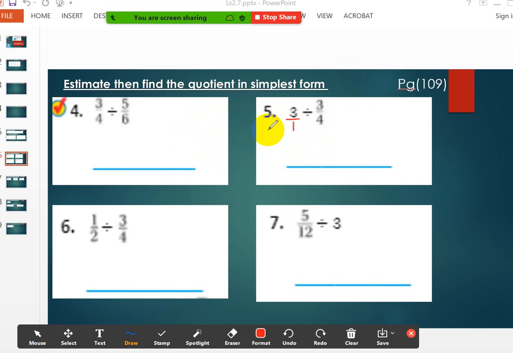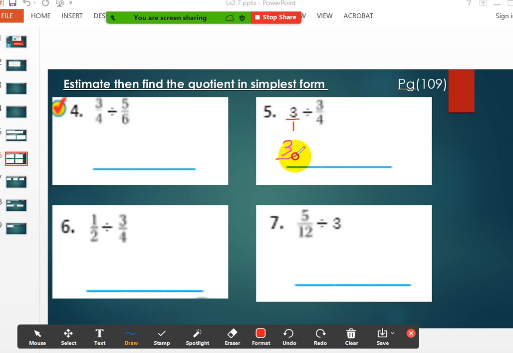After that, multiply them. The division becomes multiplication, right? Yes. But what do I have to do with the divisor? The dividend will be the same, 3 over 1.